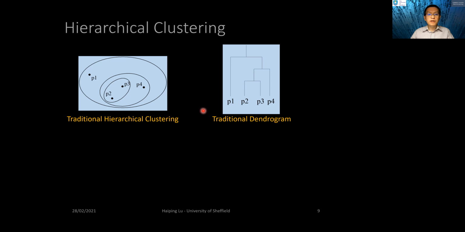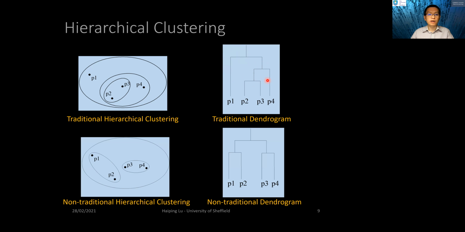So this traditional hierarchical clustering will have a traditional dendrogram that looks like this. So it has a very regular structure. There's always only one point when you separate the cluster. And so this is traditional hierarchical clustering.